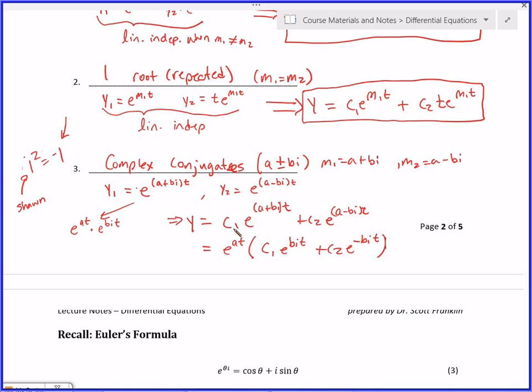The hope is that this is in fact a real valued function that's a solution, even though I've got i's showing up. What I mean by real valued is if I plug in a number t, like a time, at time t equals 0 or time t equals 3, I don't want to get a complex number as an output, because this may represent something physical. In fact, the part I skipped over on page 1 is modeling a spring with a mass attached to the end of it.